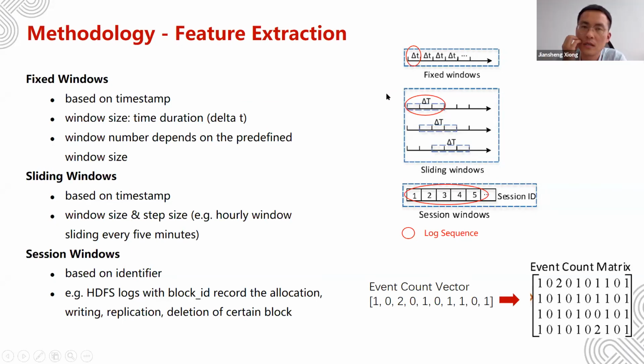Yes, new features will appear in the test sets, because there are some anomaly logs in the test set, and there is no anomaly in the train set. So some new features will appear in the test sets, and the participants will need to detect the anomalies according to these new features. Okay, thank you.